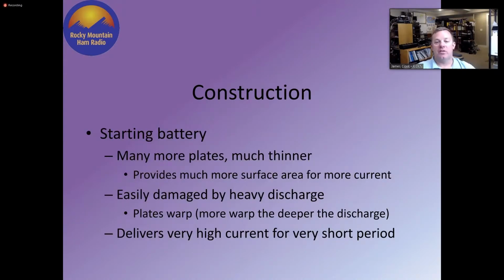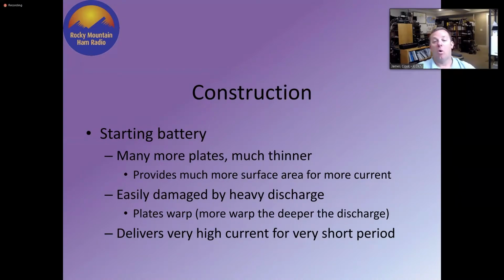So let's talk about the difference between the two types of batteries. Of the flooded, the starting battery has many more plates, and they are much thinner. The reason? They provide much more surface area, which will deliver much more current. However, they're easily damaged by a heavy discharge.